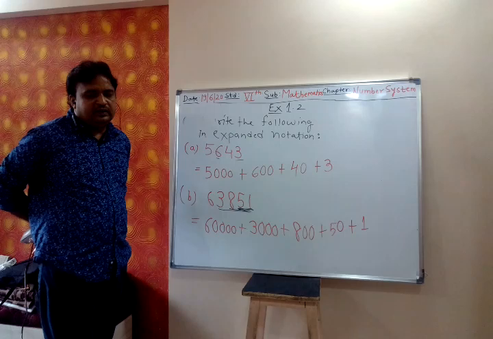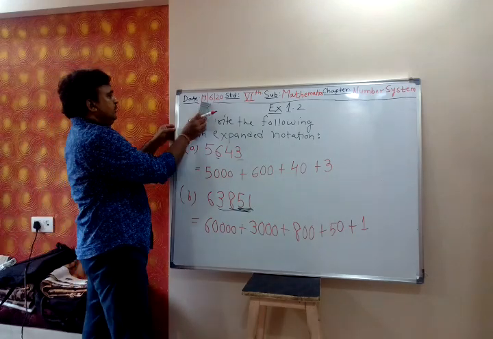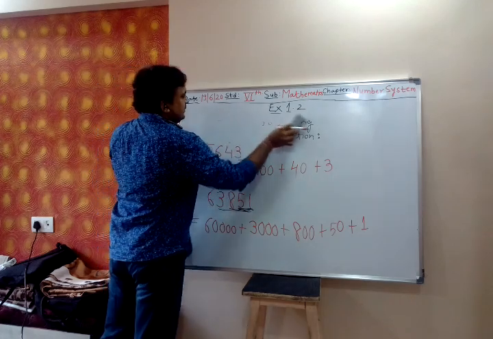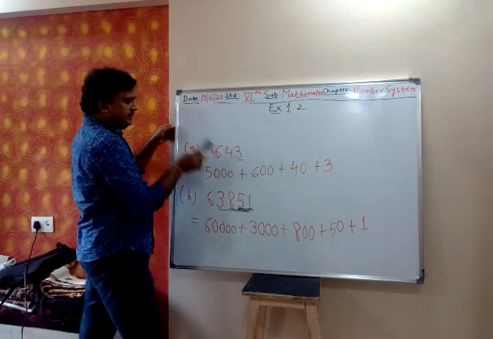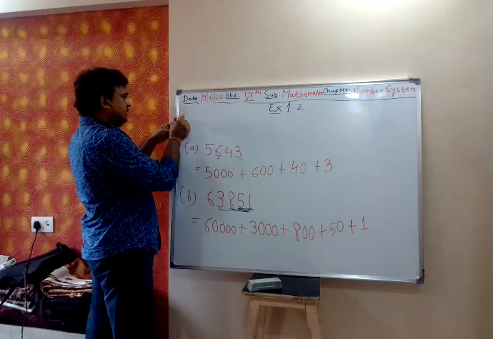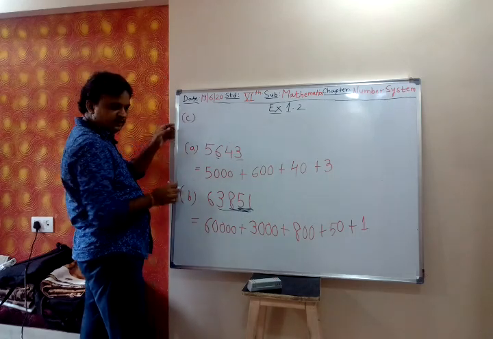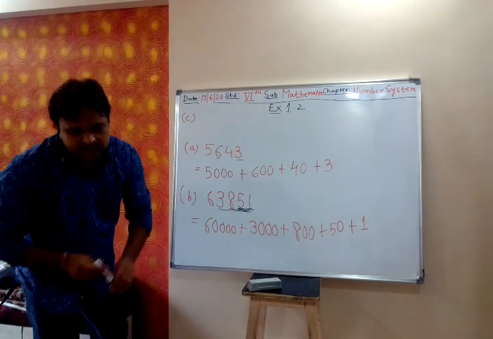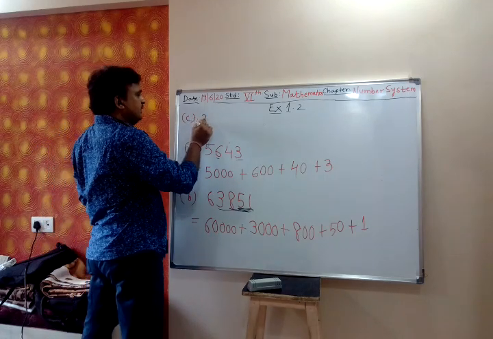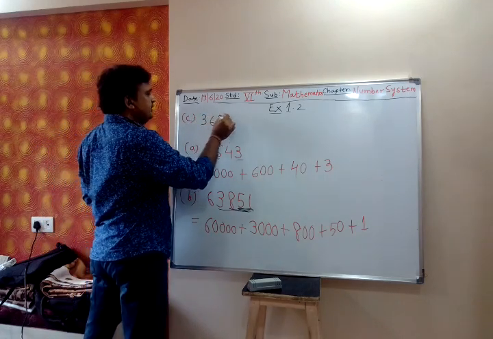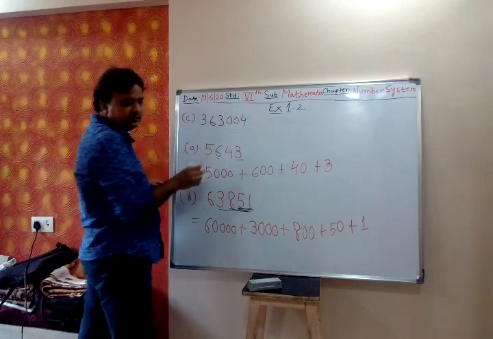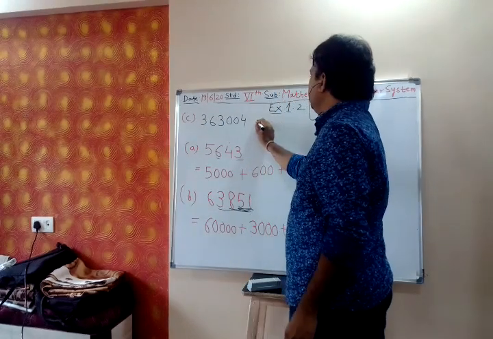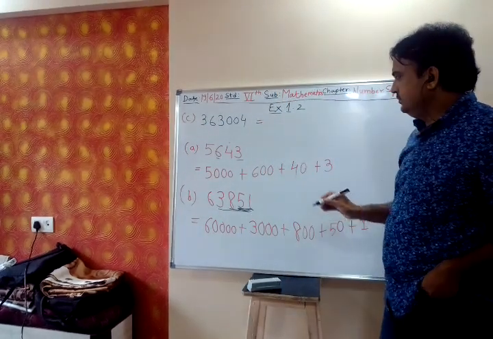Now see, we will solve C. C is 363004. Let us write the expanded form.